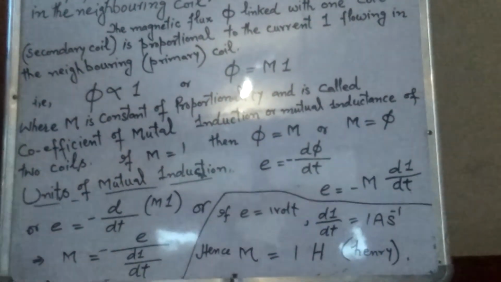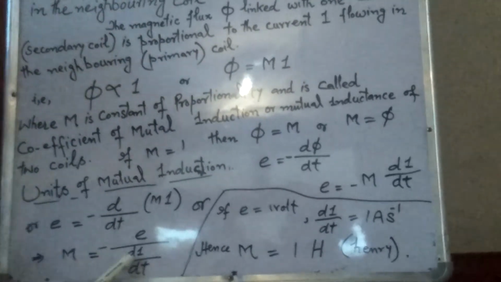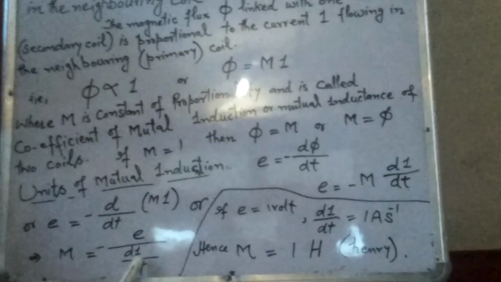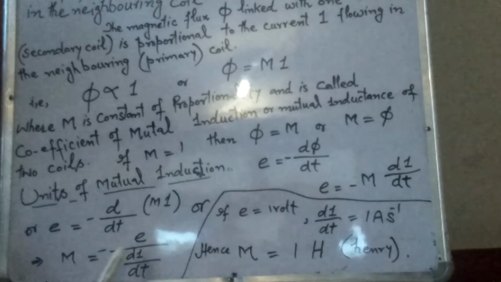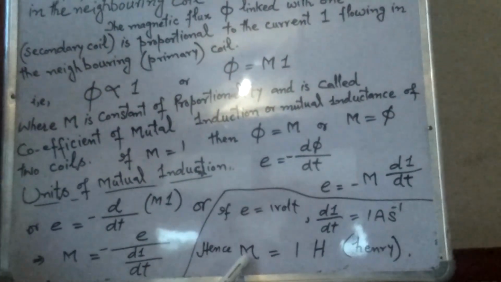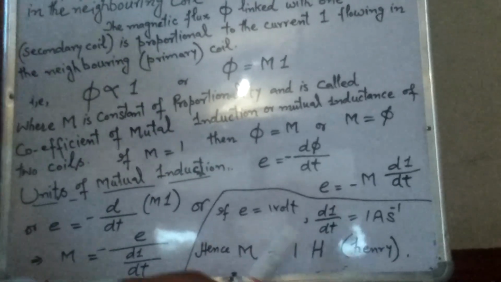If we take E, the induced EMF, as 1 volt and di by dt as 1 ampere per second, then we get the unit of mutual inductance M. M is equal to 1 Henry, that is, M is equal to 1 H.